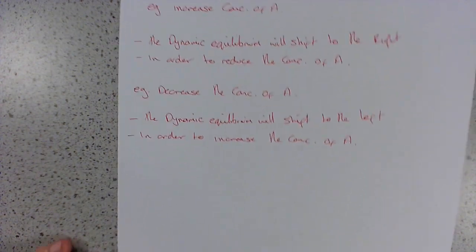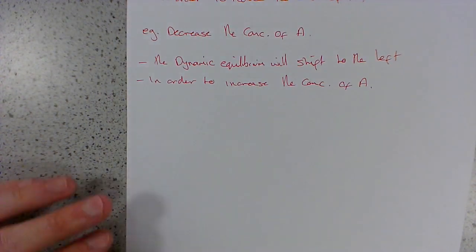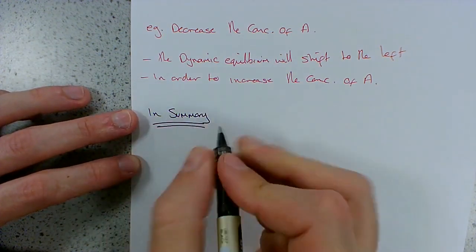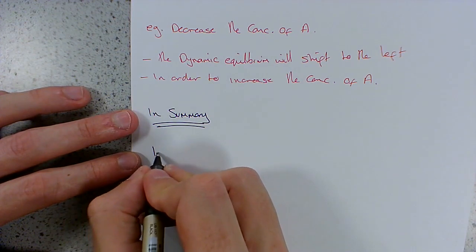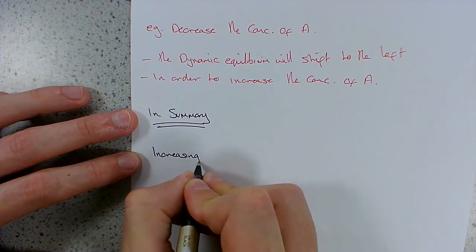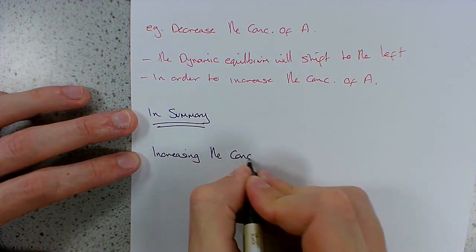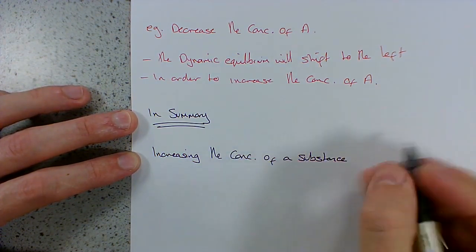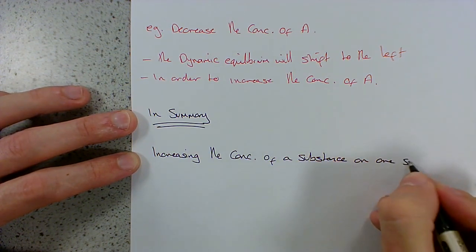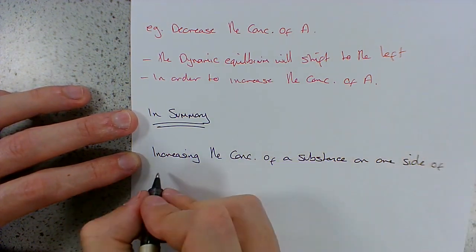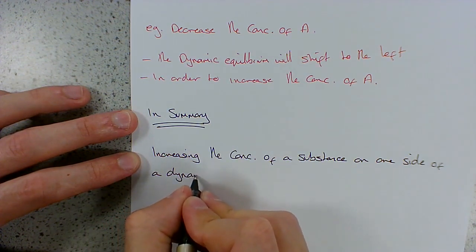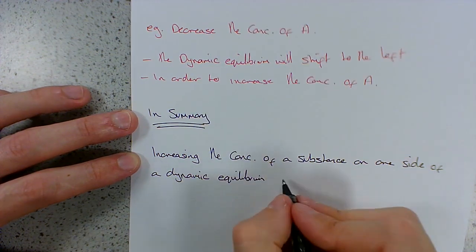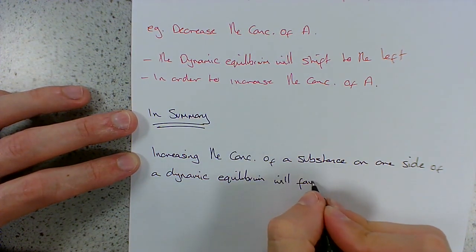So to summarize, for concentration, increasing the concentration of a substance on one side of a dynamic equilibrium will favour the opposite side.